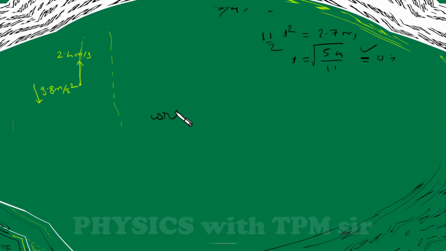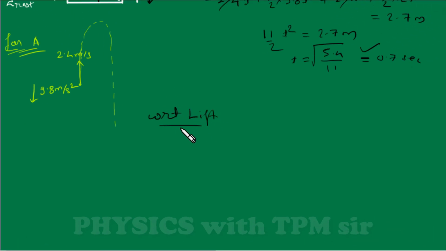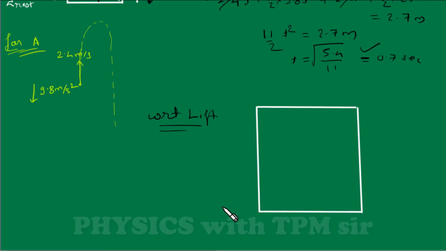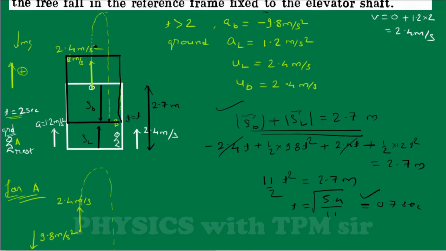With respect to the lift, the lift has come to rest, and you must know that we are solving relative to the lift. We took upward as positive, and all the values are shown here already.